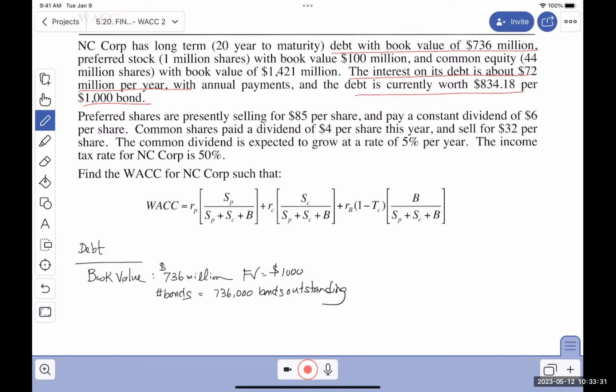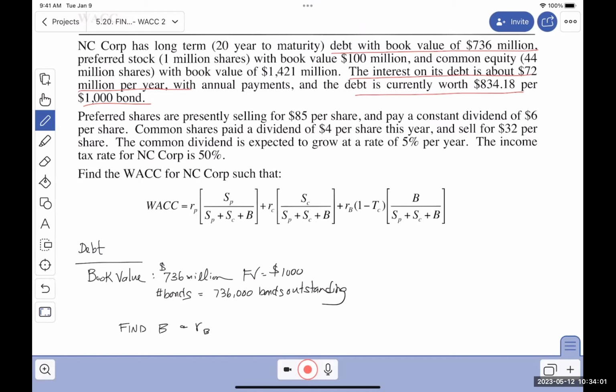And then take those 736,000 bonds and put them in today's money, which is the current value of the debt. So we have to take those 736,000 bonds and put them into these ones.